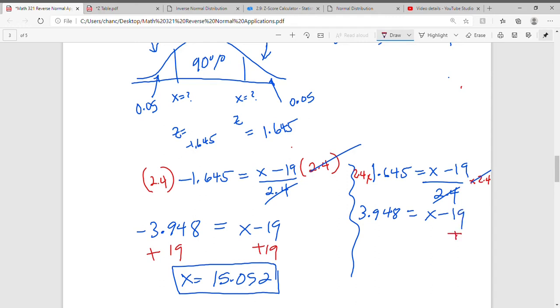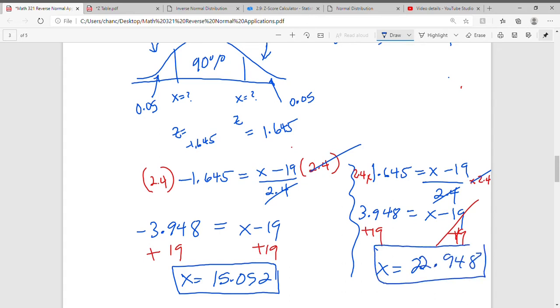Let's add 19 to both sides. X is equal to 22.948. So this is the number of chocolate chips that will capture the middle 90%, between 15.052 and 22.948.